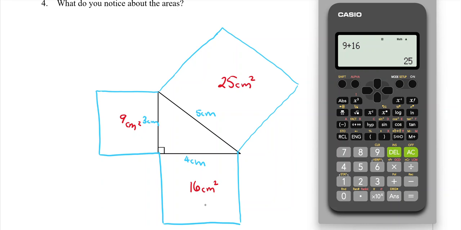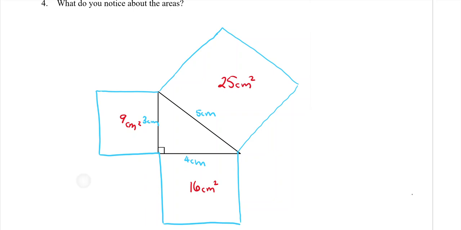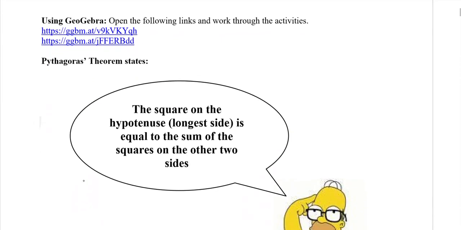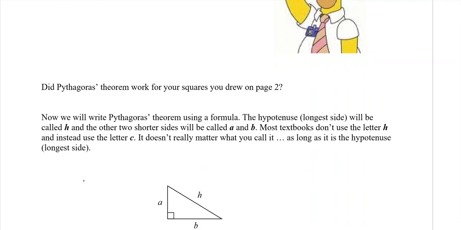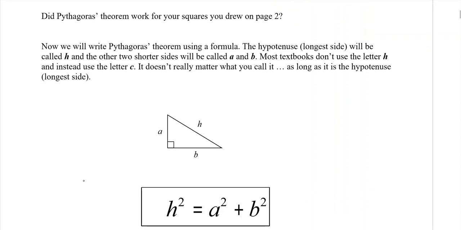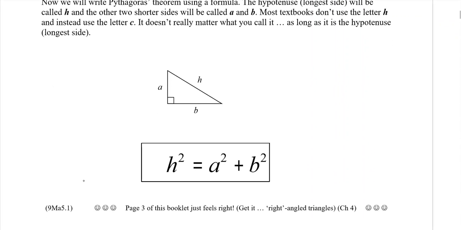For every single right angle triangle, the two shorter sides squared and added together gives you the longer side squared. So this is Homer Simpson thinking, do any of you guys even watch The Simpsons anymore? I've seen like some. Anyway, you've seen it. He thought he was smart because he could do Pythagoras' theorem, but anyway.